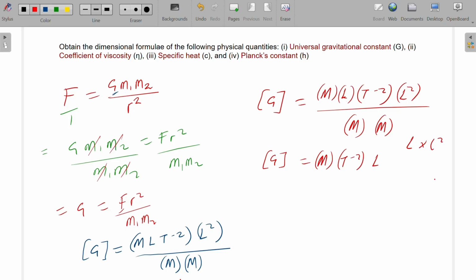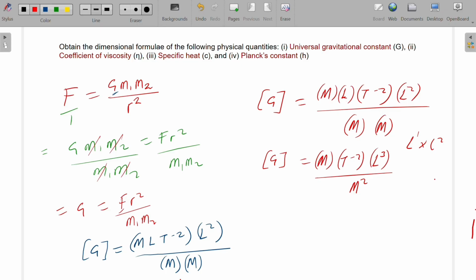Now, L multiplied by L squared will give us L to the power of 3. We have L, which is to the power of 1 in short, multiplied by L to the power of 2. When you have the same variables, all you have to do is add the powers. So 1 plus 2 gives us 3. Then down here, M multiplied by M will just give us M to the power of 2.